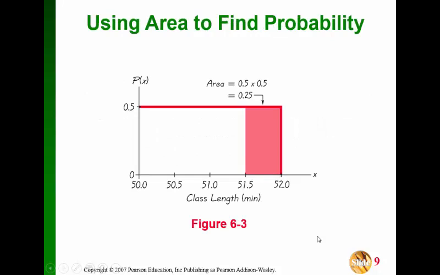So here's their example of a uniform distribution, and they didn't give the scenario here, but let's say there's a 50-minute class. So I'll try to create a scenario around this example.